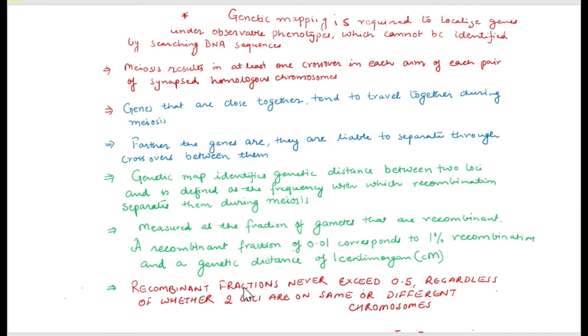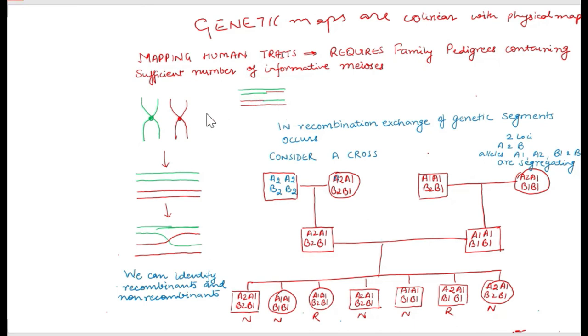Recombination fractions never exceed 0.5, because if the recombination fraction reaches 0.5, the two genes whose recombination frequency is being measured are either located very far apart on the same chromosome, or they are located on two different chromosomes. Genetic maps were collinear with physical maps.